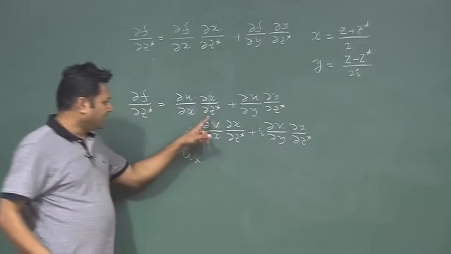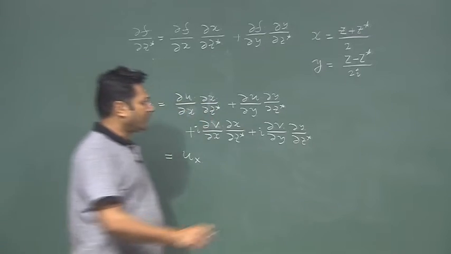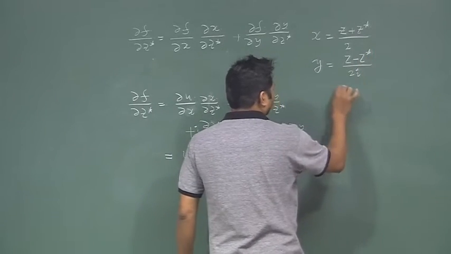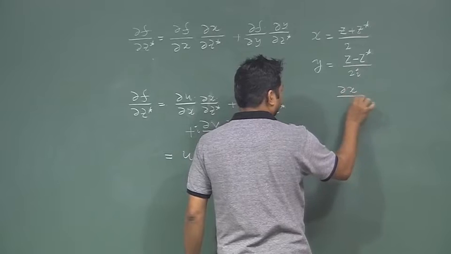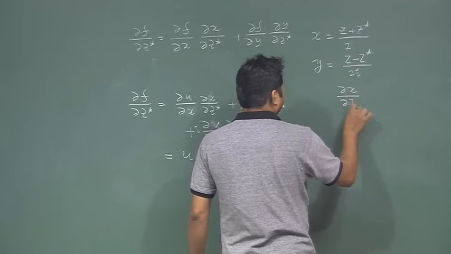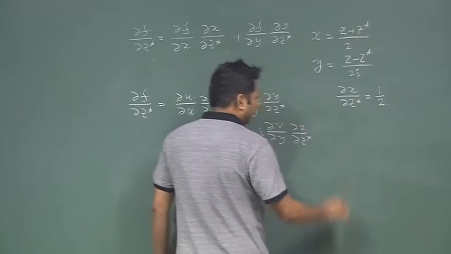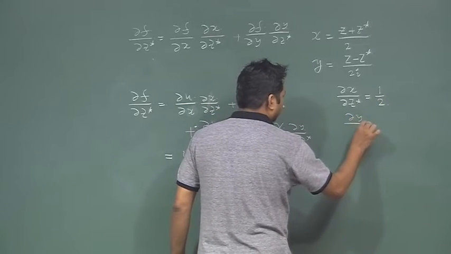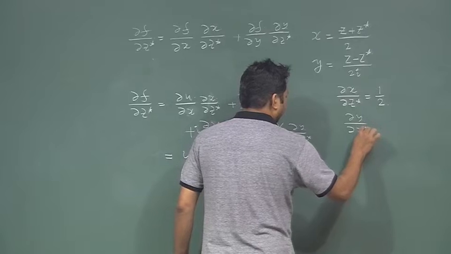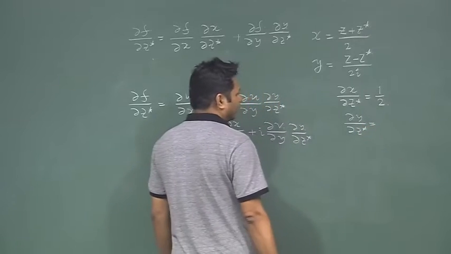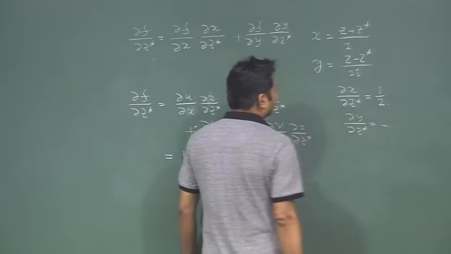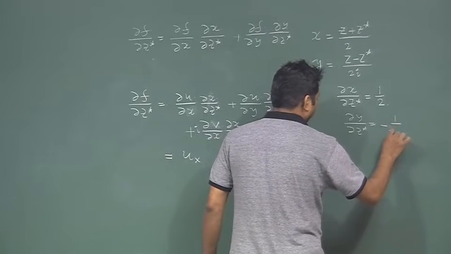So, I can take out this quantity from here. This gives you that del x del z star is equal to half. In the similar way, del y del z star is equal to minus of 1 by 2 i.